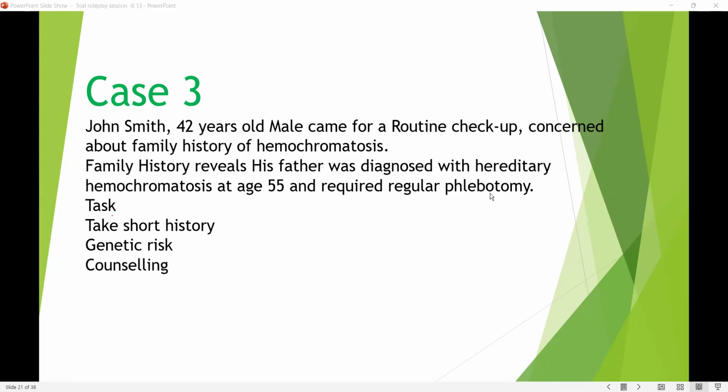John Smith, 42-year-old male, came for a routine checkup, concerned about family history. John, at this moment, I understand you are coming here.